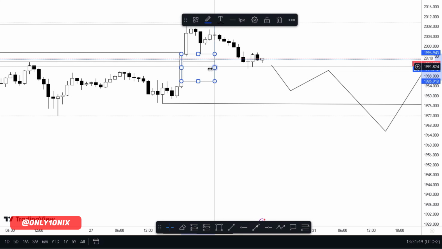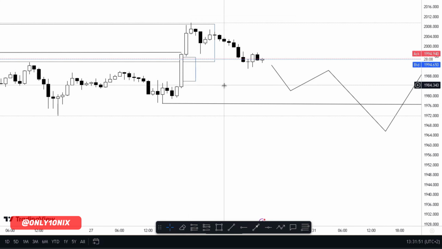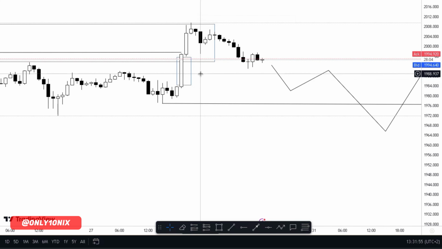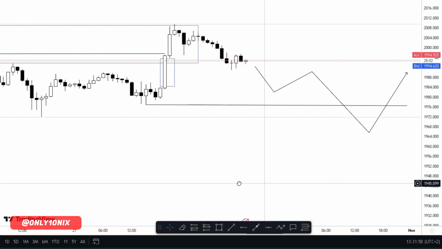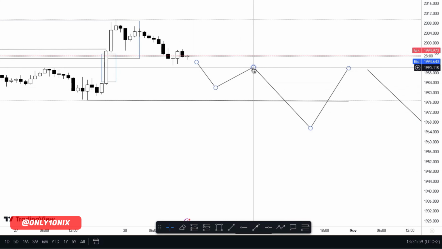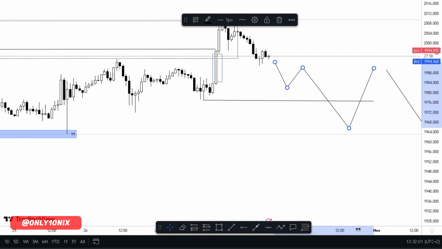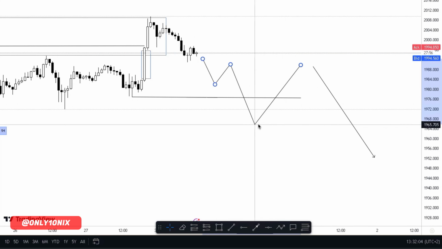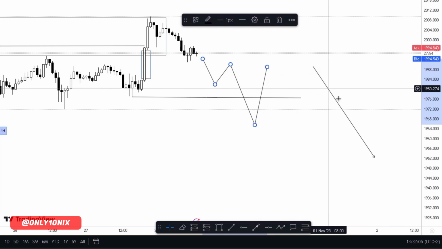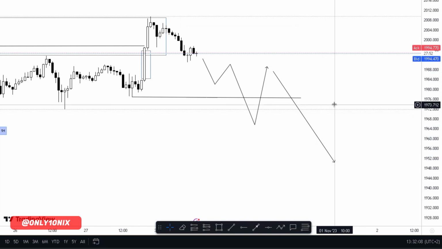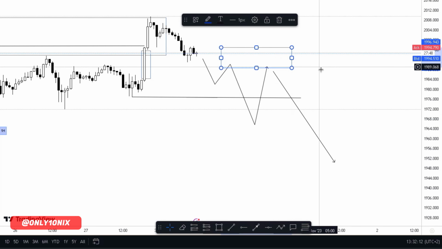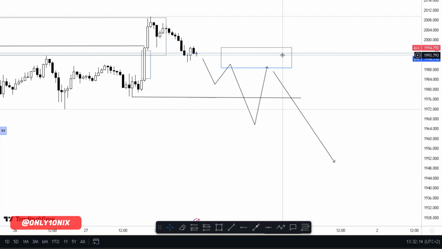I can further refine my order block to this zone, right? This is what I'm looking at, for the market to essentially do the same thing here, break and let us move lower, so that we can look for a sell side fair value gap that we can look to mitigate.